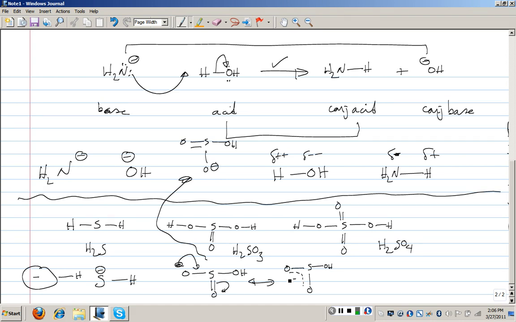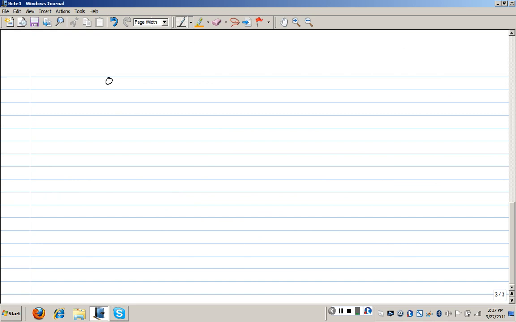When you can draw equivalent resonance forms, you get a bonus in stability. And in fact, the more equivalent resonance forms you can draw, the greater is that stability. And that's what happens in the sulfuric acid. If I look at the conjugate base, which is bisulfate, or hydrogen sulfate, right? Obviously, I've got a minus charge on the O, and I can draw this resonance form, right?